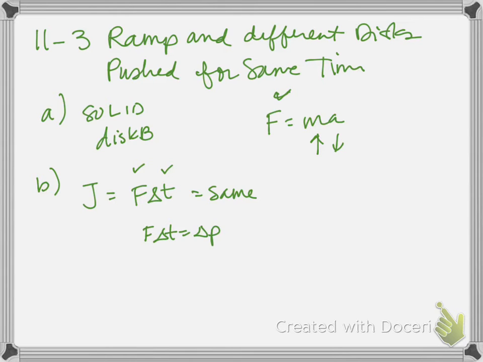Since F and delta t are equal for each situation, since the impulse is equal to a change in momentum, since each had an initial 0 momentum, then the momentum is the same after this force is applied. So you just get 1 point for part B. 1 point for saying that they have the same impulse, but your justification better implicates something about momentum, or else I don't think you'll get that point even then.